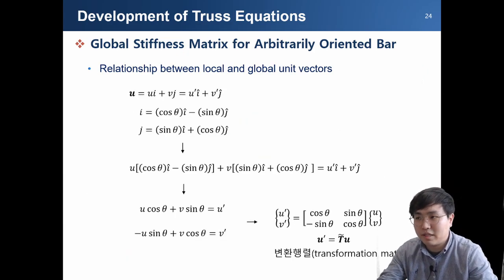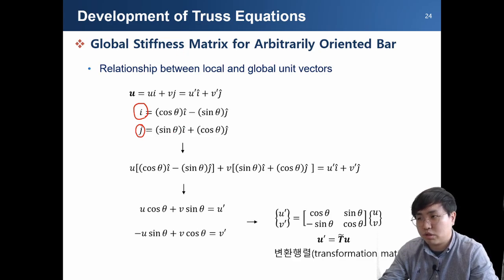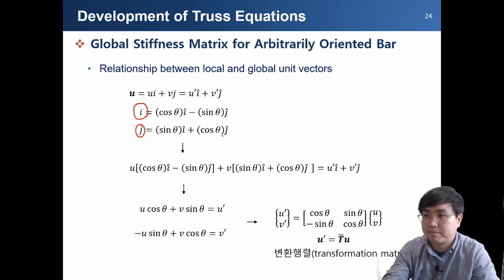So we can say that our unit vector I in the global coordinate system is cosine theta I hat minus sine theta j hat, and the unit vector j is equal to sine theta I hat plus cosine theta j hat.